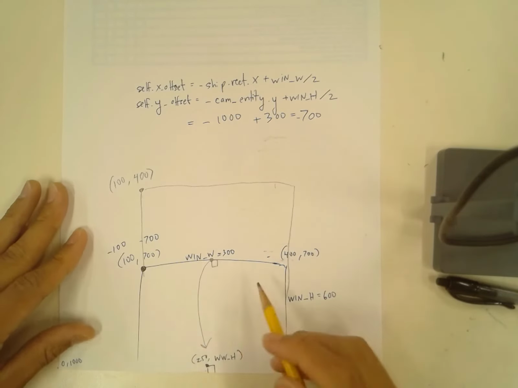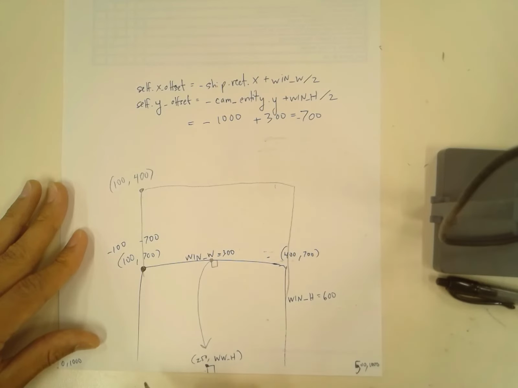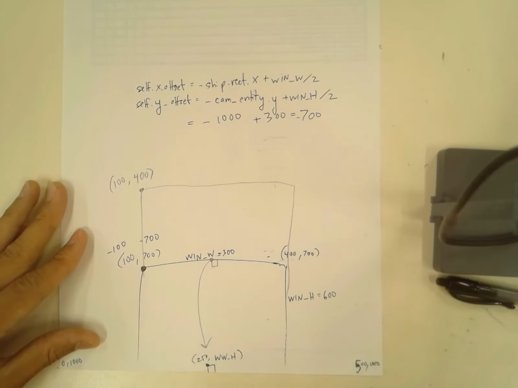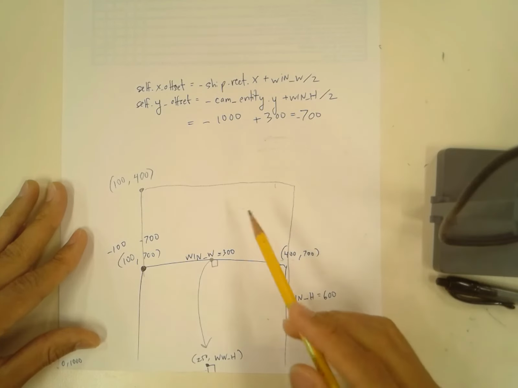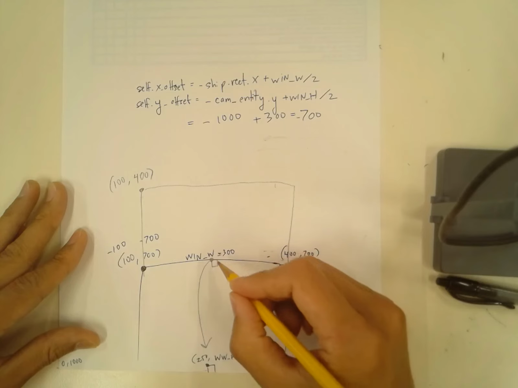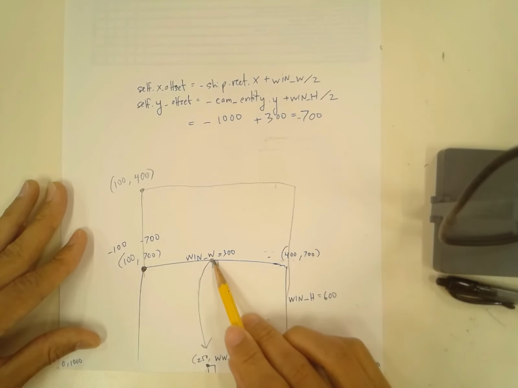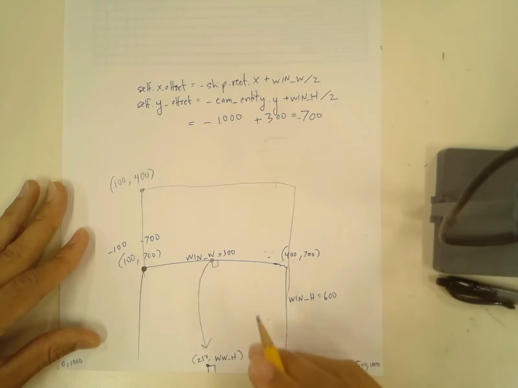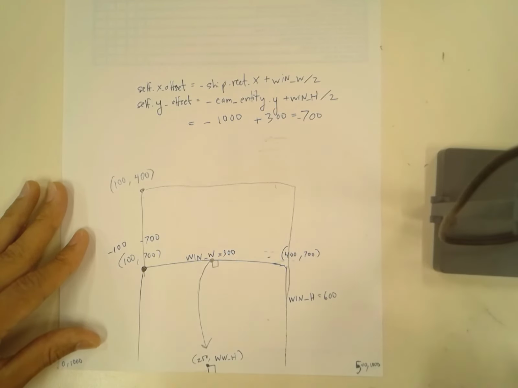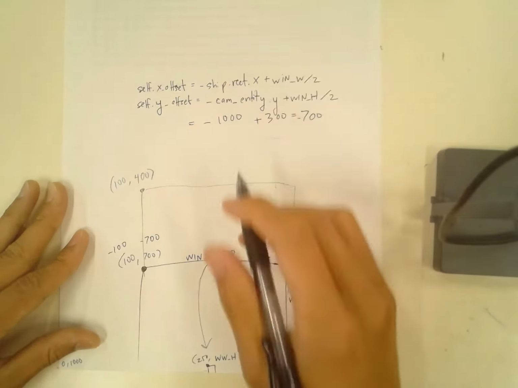What would that do for us? Well, that would make sure that the bottom of the screen would always be the bottom of the world. And so what we need to ask ourselves is, what conditional statement can we use that would describe this situation, where the camera entity is from here to here. There are many ways you can do it.